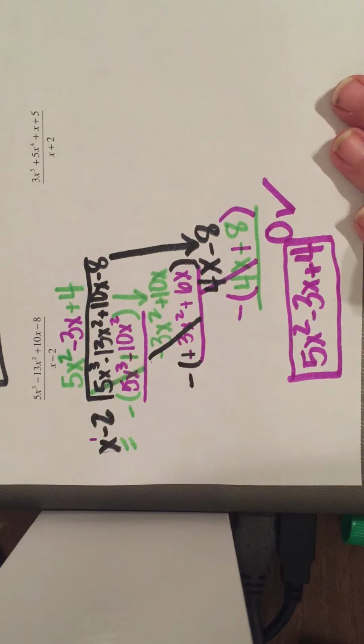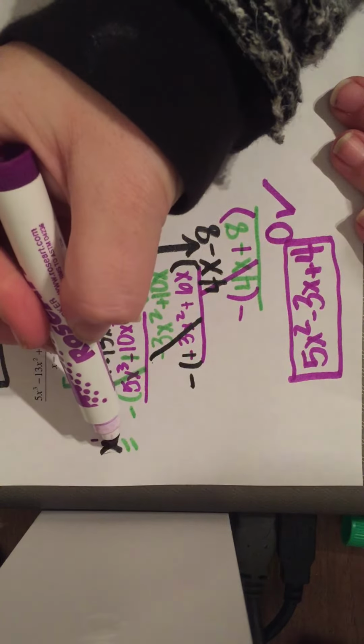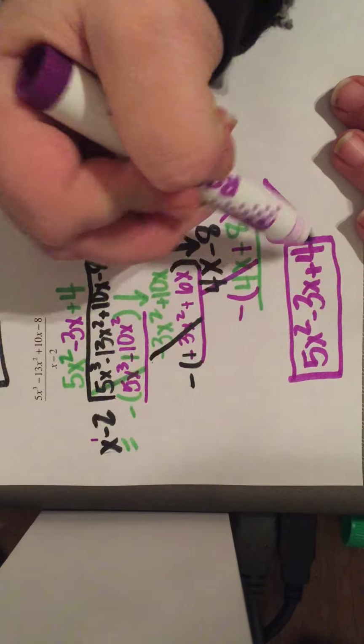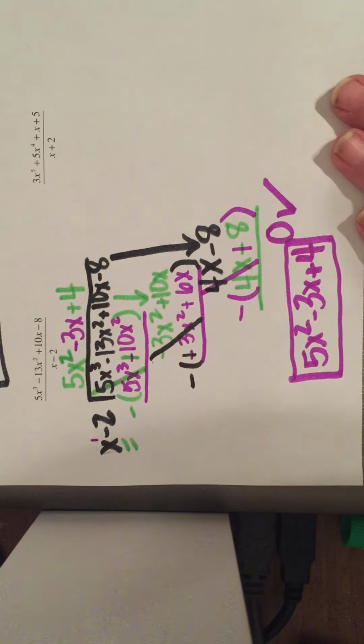No, we can't use FOIL, because FOIL is only used whenever we have 2 terms by two terms, meaning we're multiplying a binomial times a binomial. So this time, some of y'all I know like to say x times all of these terms and then -2 times all of these terms. You could do that. That's essentially the same thing as the box method, no problem.